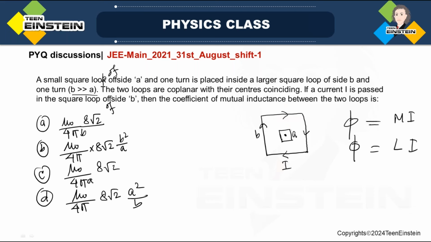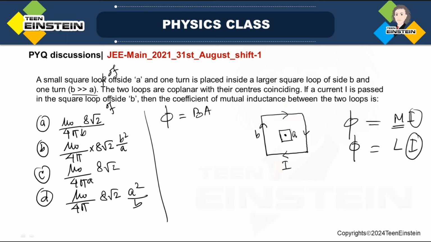So if I find out the magnetic flux, then I just divide by i so that we get the mutual inductance. Rest of the things are easy, right? So how to find out phi? Phi is nothing but B into A.